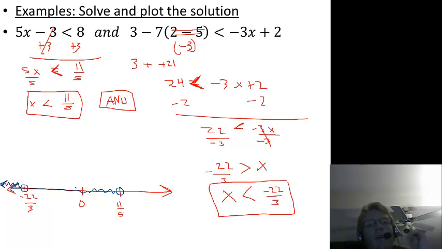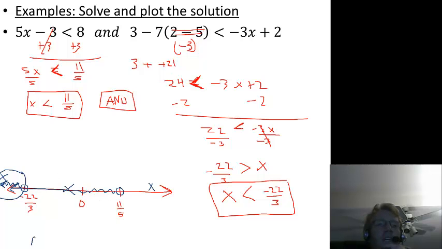Okay, so now look at it like this. If you're over here, you're not less than either one. If you're here, you're less than this one, but not this one. And if you're over here, you're less than both. So it turns out our solution is only the region over here where it's actually less than both, where they overlap. And so none of this stuff is part of our answer.